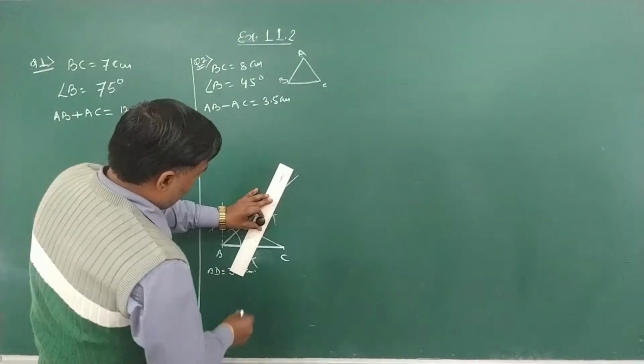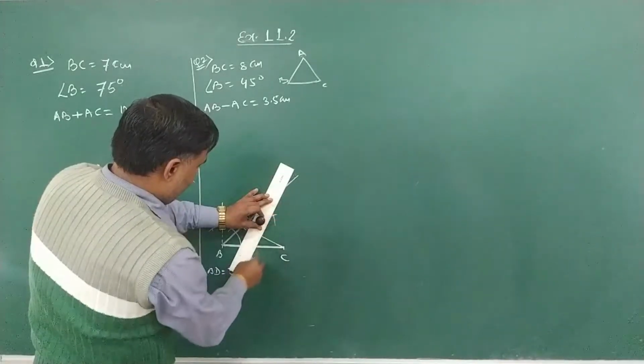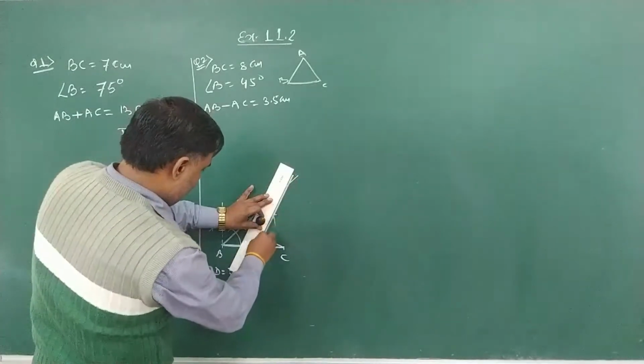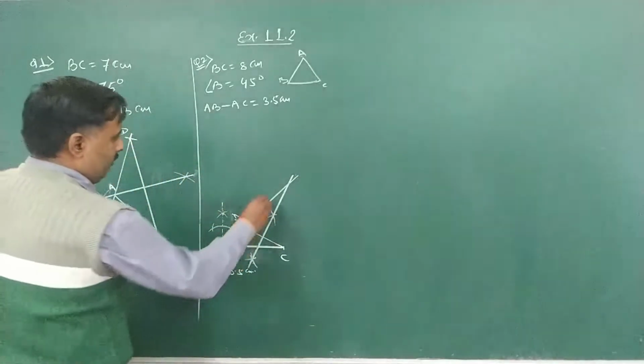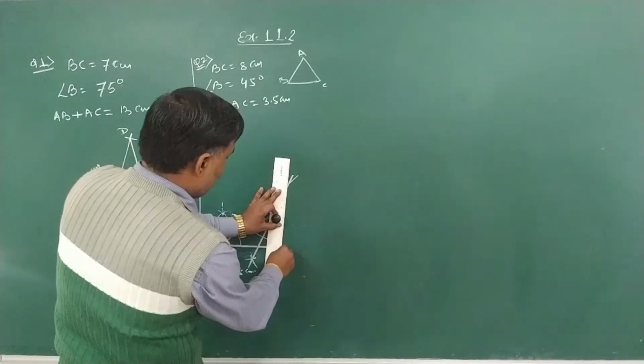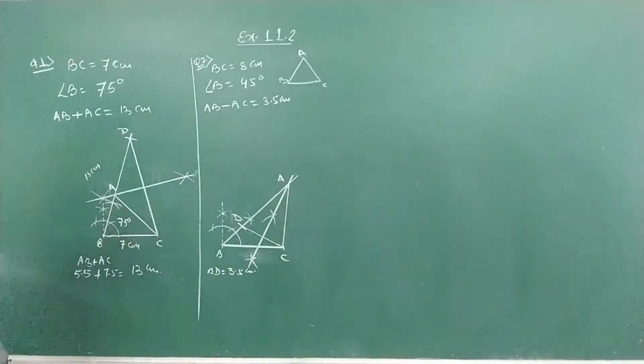Where that perpendicular bisector intersects BD, that is your point A, or vertex A. So this is our A, join AC. So this is our required triangle ABC.